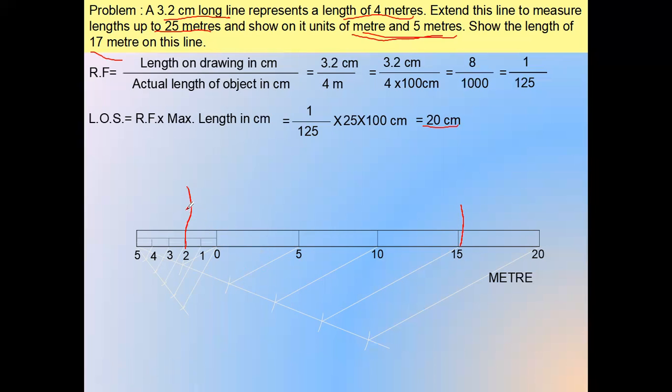So this is the distance, the actual length we want in this problem. This is our result. Marking the result here, 17 meter. Now the plane scale has been completed.